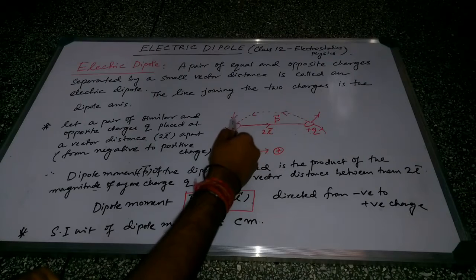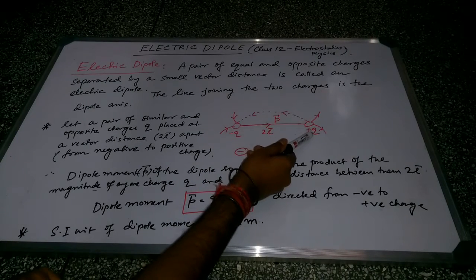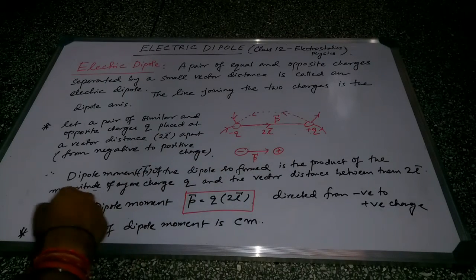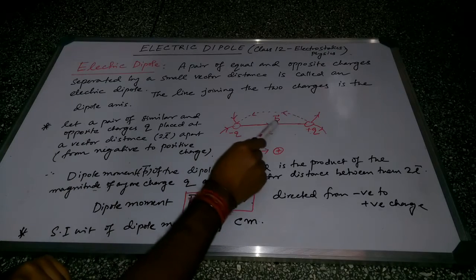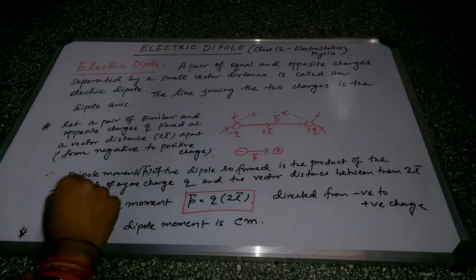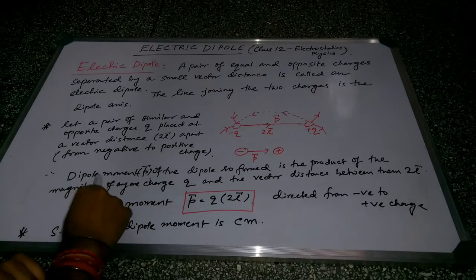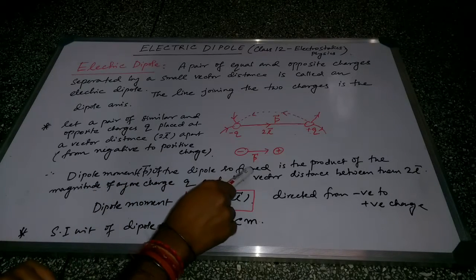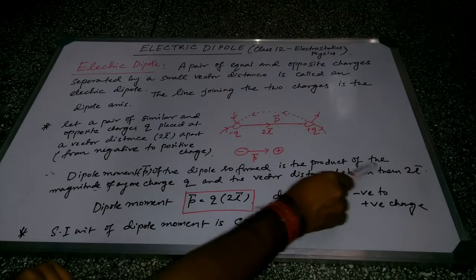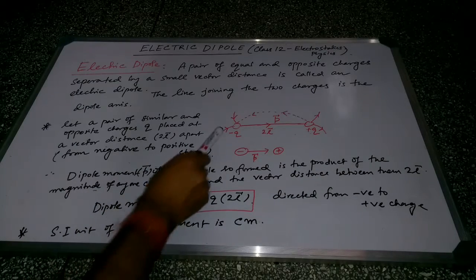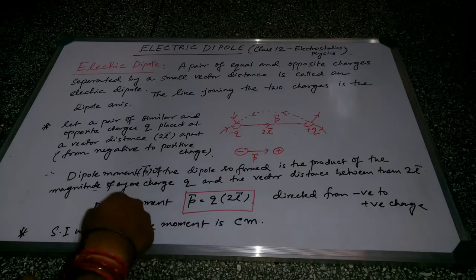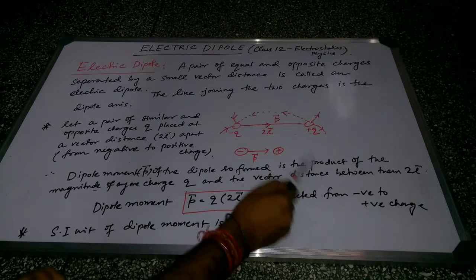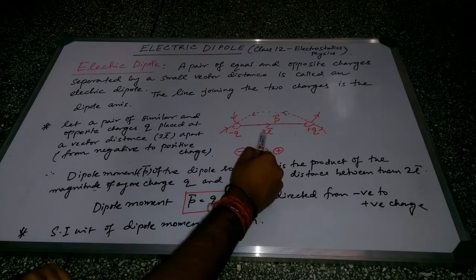These are the electric lines of force, which originate from the positive charge and end at the negative charge. So what will be the dipole moment of this dipole? The dipole moment P vector is the product of the magnitude of any one of these charges, that is q, and the vector distance between them, that is 2L vector.